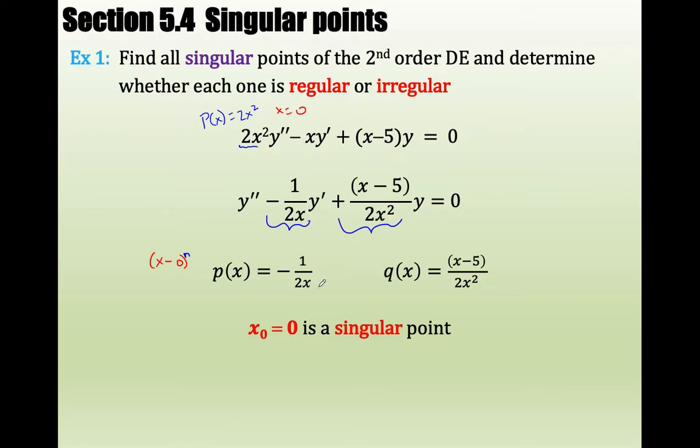in P of x. How many times do I see that? Well, there's x minus 0 to the first. Here in Q, this is 2 times x minus 0 squared. So in little p, the factor with my point of singularity only appears to a power of 1.